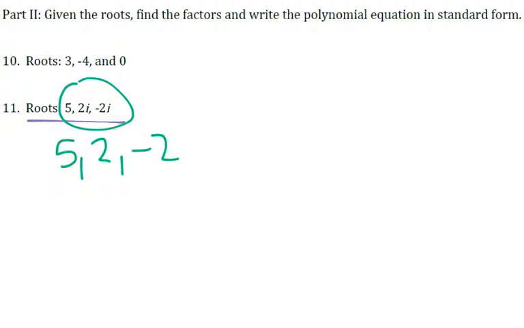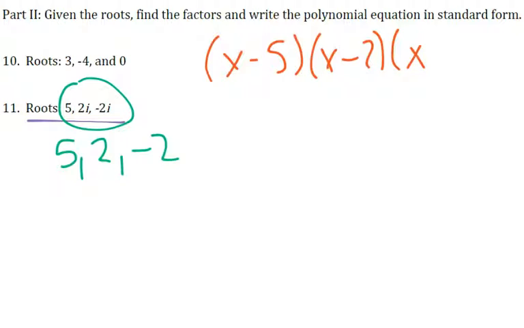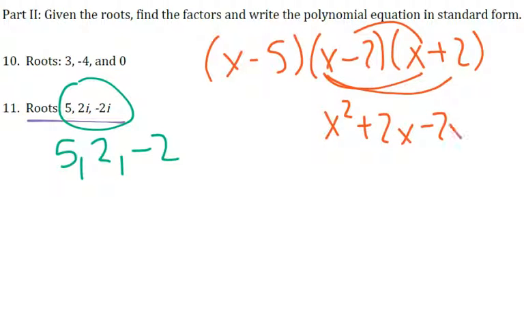So hopefully you tried this one out. We take all these factors, we'd have x minus 5 times x minus 2 times x plus 2. Then we start by multiplying them out. X times x gives us x squared plus 2x minus 2x minus 4. Those cancel out.